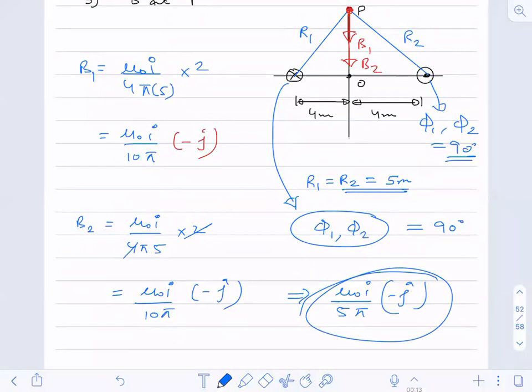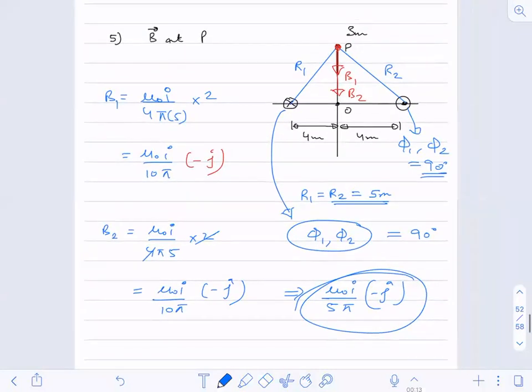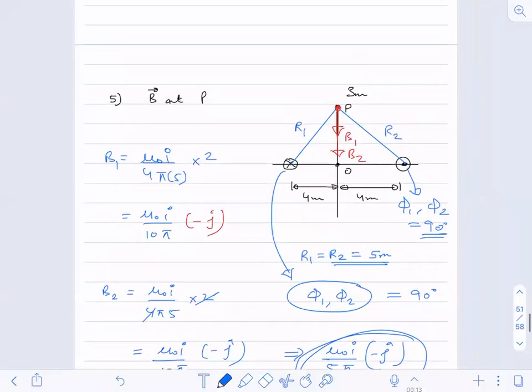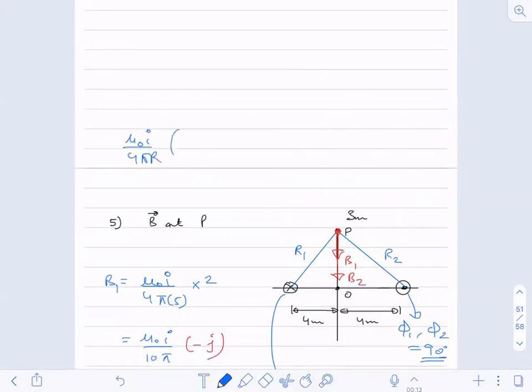So if anybody has any doubt, you can ask now. Why did I multiply by 2? I multiplied by 2 because, what formula do we have? Mu naught I by 4 pi r within bracket sine phi 1 plus sine phi 2, and phi 1 and phi 2 are the same.